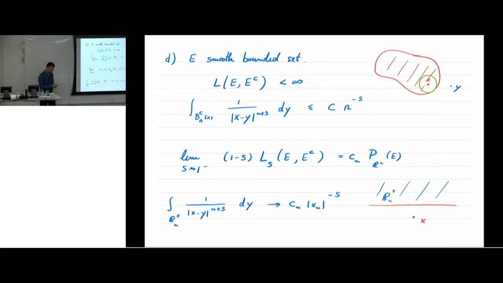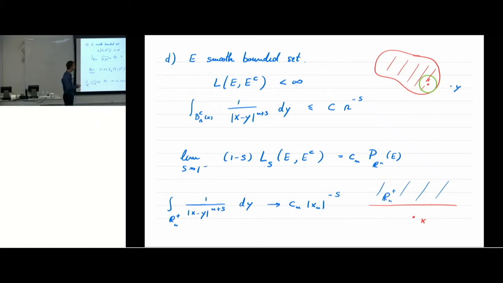Okay, and we mentioned yesterday what happens if I look at the H^{s/2} norm of a nice set E with smooth boundary. If I look at its perimeter in all of R^n, it is simply equal to the integral of all x in a bounded set E against all y in the complement of E. Initially, it's not even clear if this is finite, because when x and y are very close to each other, it contributes a lot to the integral.